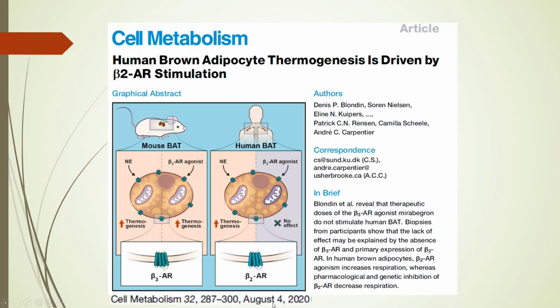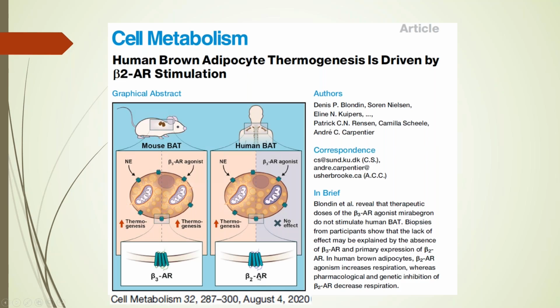And recently, six months back, there was groundbreaking research published in Cell Metabolism, where they found that, unlike mouse BAT, human BAT expresses a different type of adrenergic receptor, which is called beta 2 adrenergic receptor. So mouse BAT cells express beta 3, but humans express beta 2.